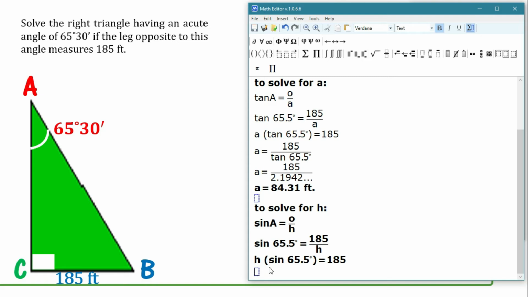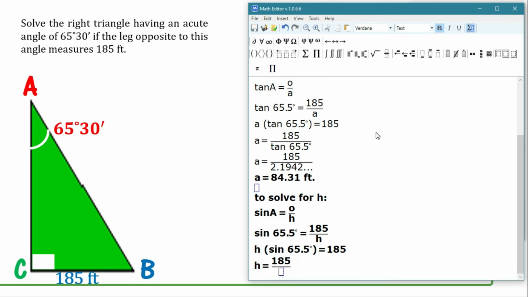So para magawa natin yon, we are to divide both sides by the sine of 65.5 degrees. So that is H equals 185 over the sine of 65.5 degrees. Okay? So that's gonna be it.